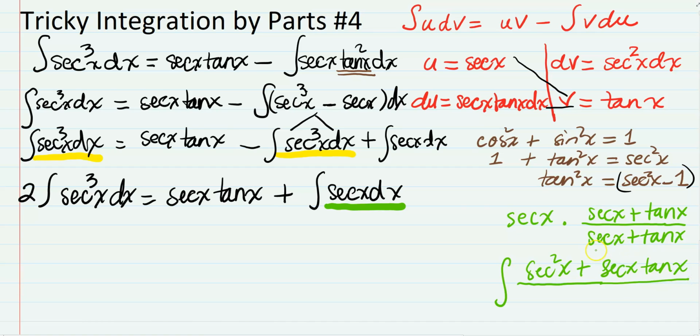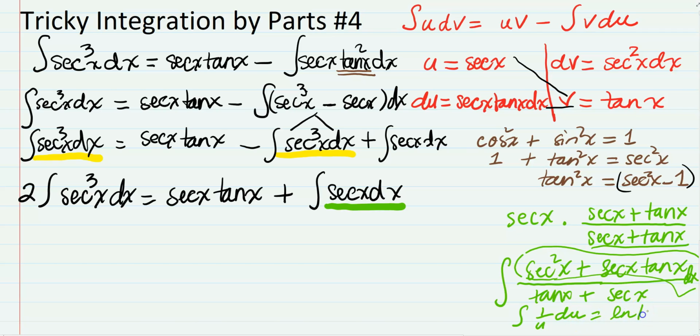And then on the denominator, I'm going to rewrite that as tangent x plus secant x dx. Okay, and as you can see, the numerator is the derivative of the denominator, right? And so if you do a little u substitution, this is the integral of 1 over u du. And that will just be ln of absolute value of u plus c, right?